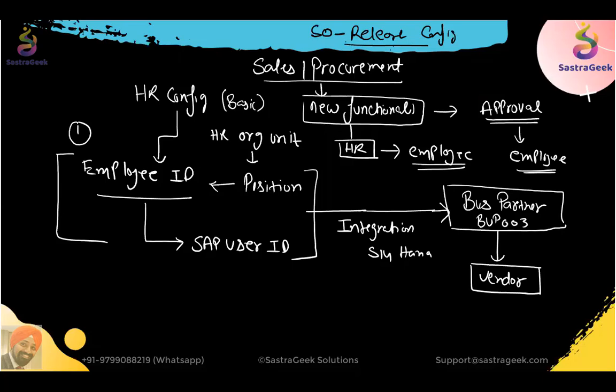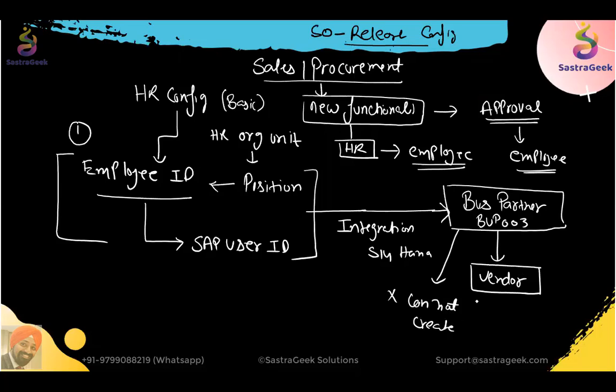So earlier we have seen that when we created a vendor and customer, the business partner needed to be created first and the vendor and customer were created automatically. Here SAP has used another approach. Here this business partner you cannot create directly. It can only be created through background processing.